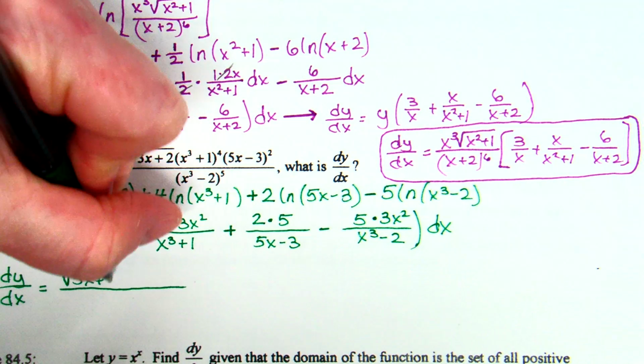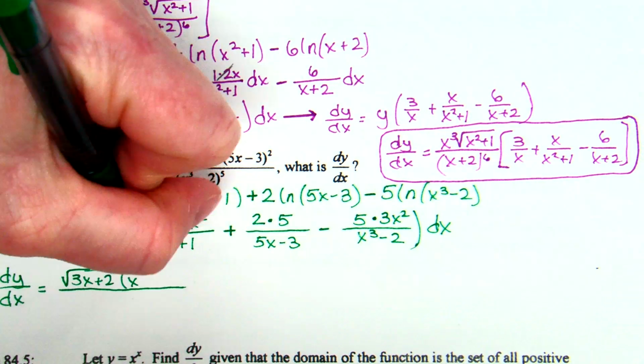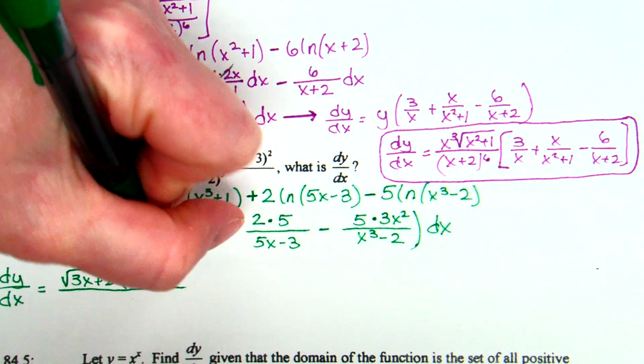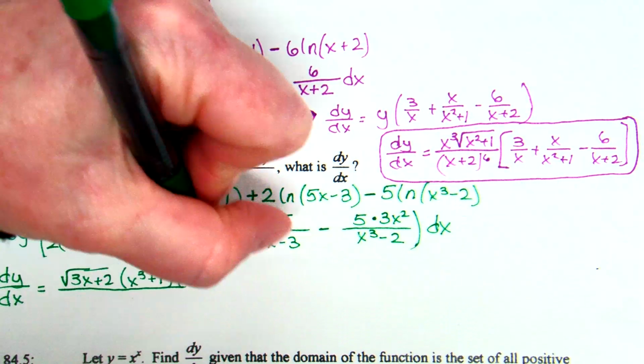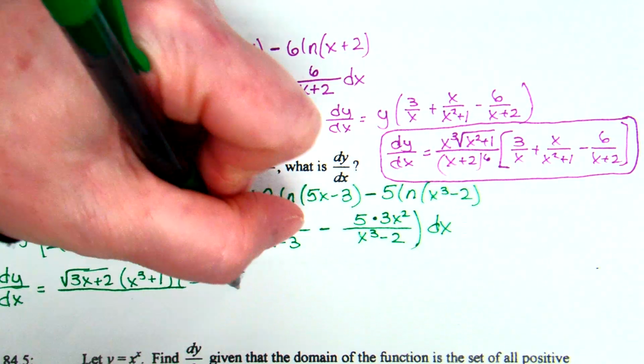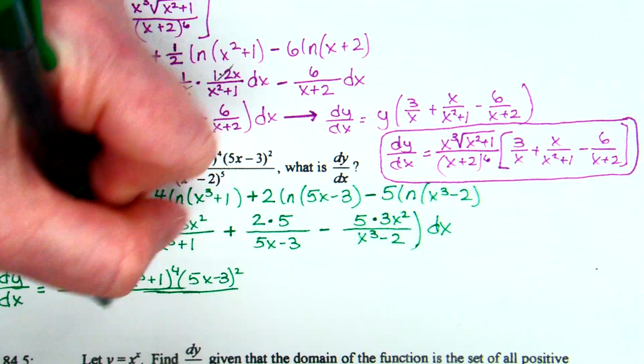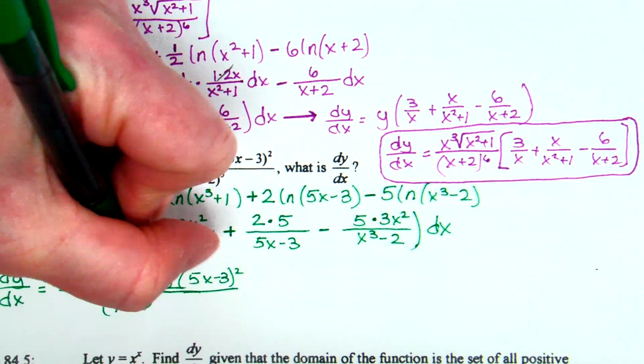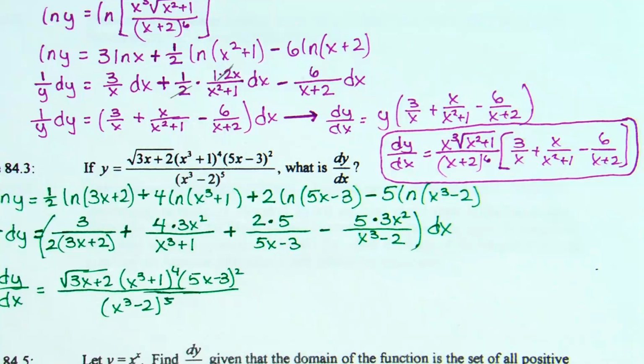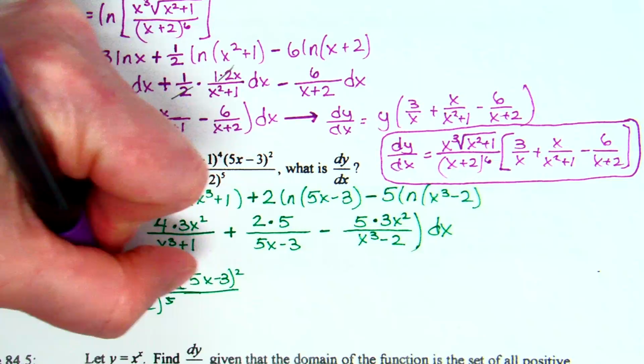Square root of 3x plus 2, times x cubed plus 1 over 4, raised to the 4th, times 5x minus 3 to the 2nd, all over x cubed minus 2 raised to the 5th.